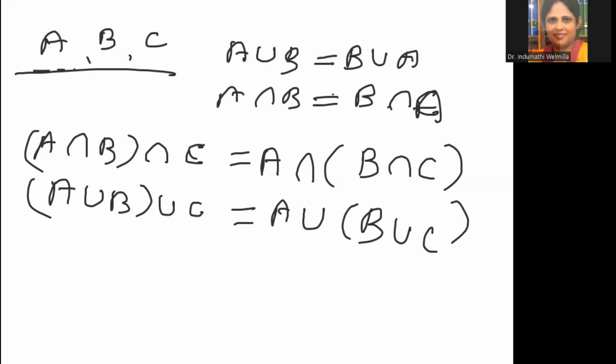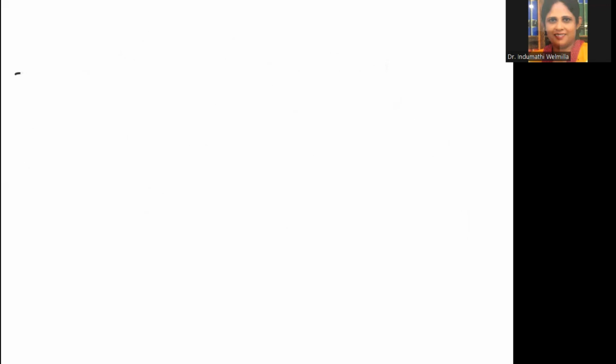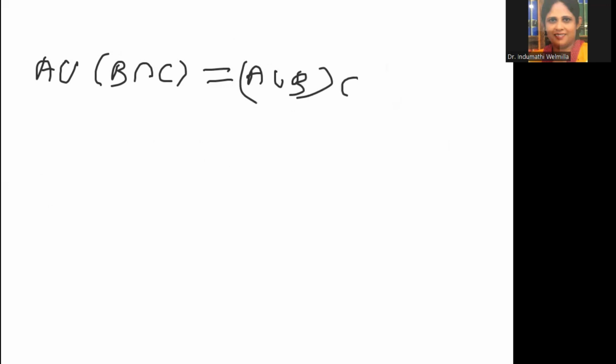And according to the distributive property, again we can write A union (B intersection C) equals (A union B) intersection (A union C), right?